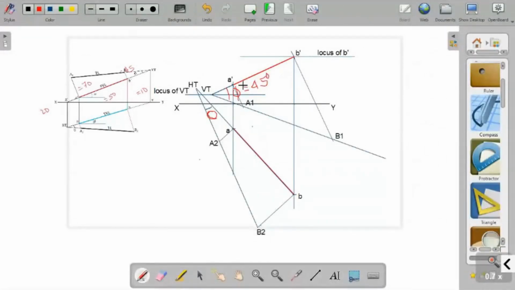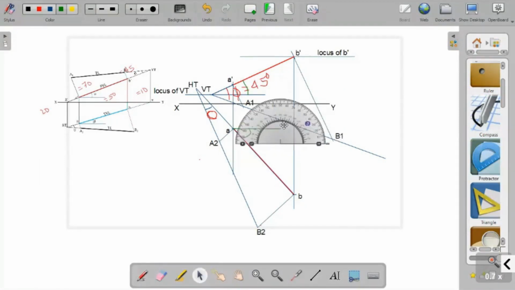And alpha is this angle. This angle is alpha, and beta. In order to get beta, you have to draw a horizontal line here, and then this angle is beta. Okay, somebody said it is 45 degree.